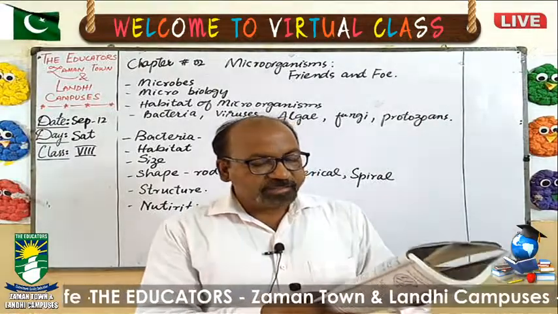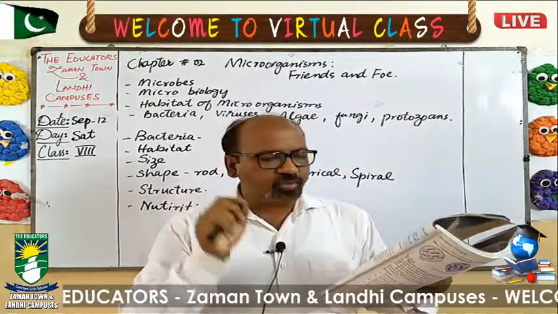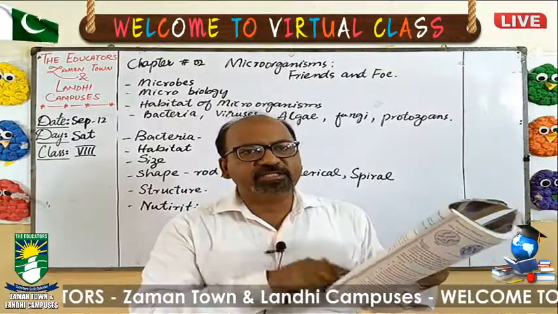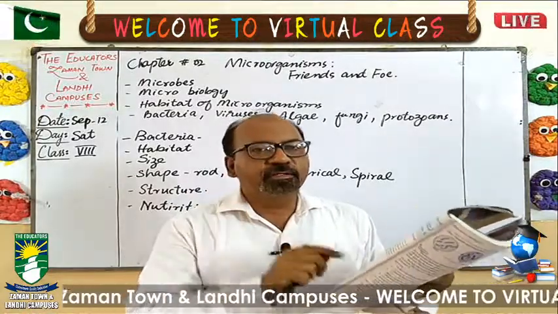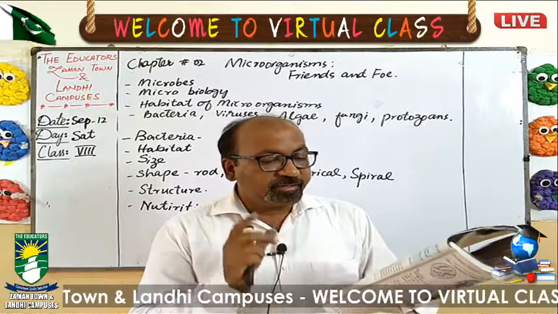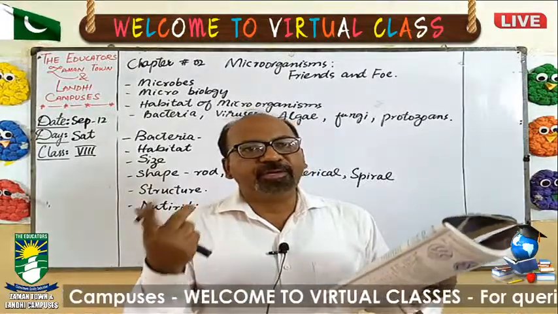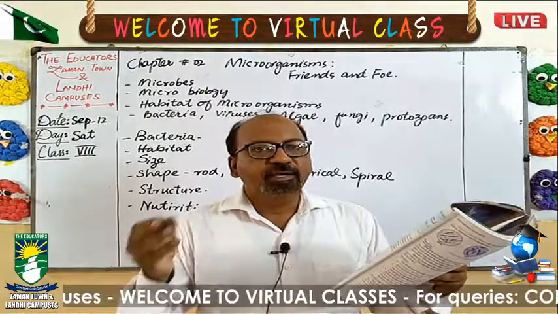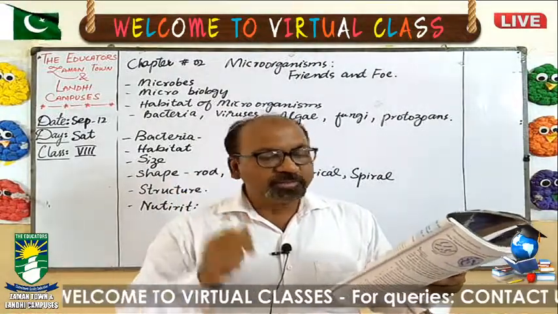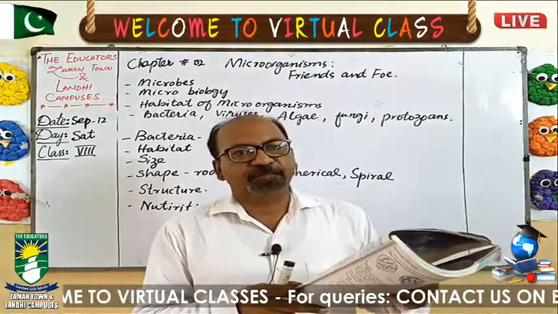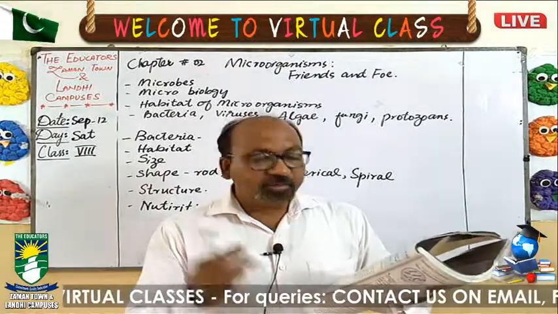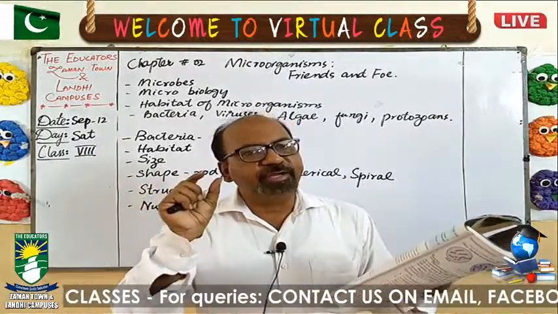This is a very short quantity. What do you mean by 1 micrometer? 1 micrometer is 1 upon 1000 millimeter. So you can imagine that they are very small in size.